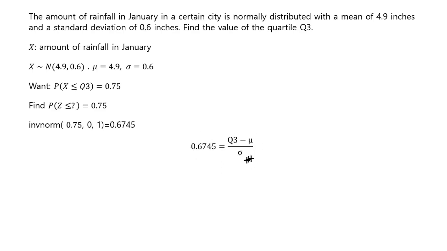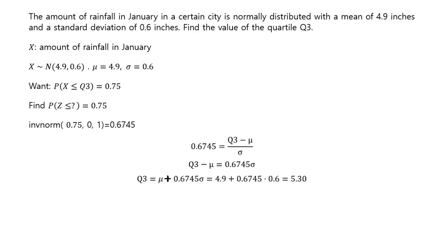So we write this down and first multiply sigma both sides, which will give you sigma times 0.6745 equals Q3 minus mu. I'm switching left and right. Hopefully that's not going to confuse you. All I did was move the sigma here, okay, and then switched left and right. So that's what we have, and then furthermore you add mu both sides, and therefore you get this formula.